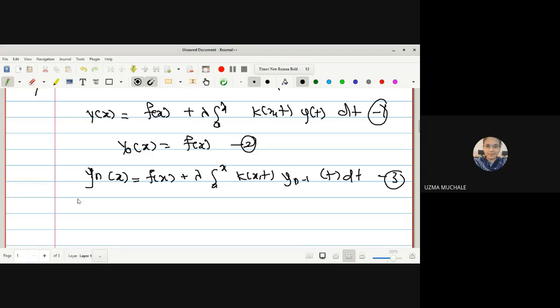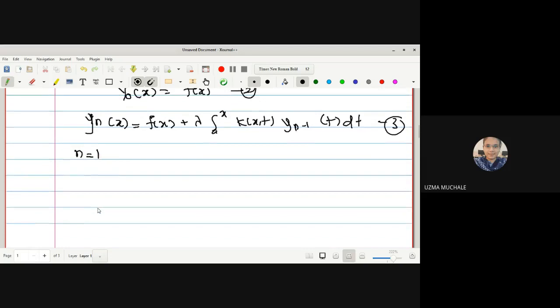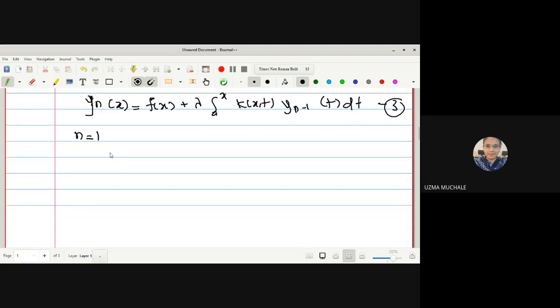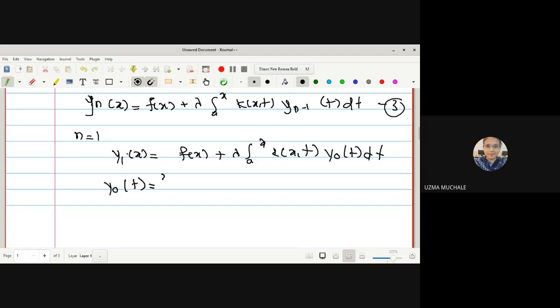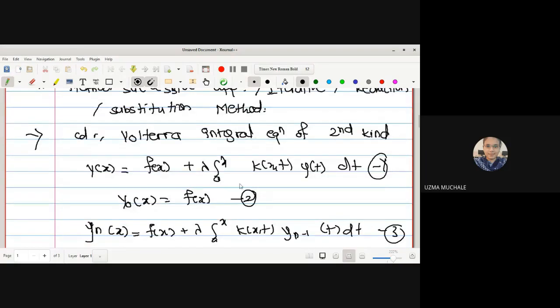Now if I put n equal to 1 in equation number 3, I will get y1 of x is equal to f of x plus lambda integration a to x, k of xt, y naught of t dt. But we are provided that y naught of t is nothing but f of t, from equation 2.